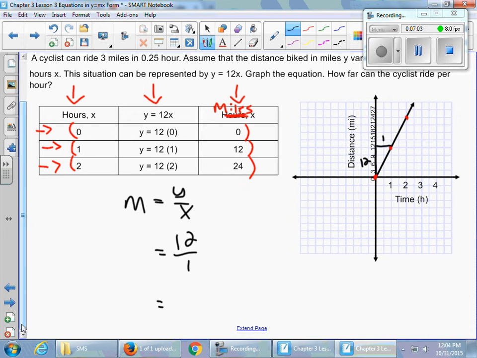And then from our point 1, 12, we go up to 2, 24. So once again, we rise up 12. We run over 1. So that is 12 over 1. So our constant rate is 12 over 1. So he goes 12 miles per 1 hour.